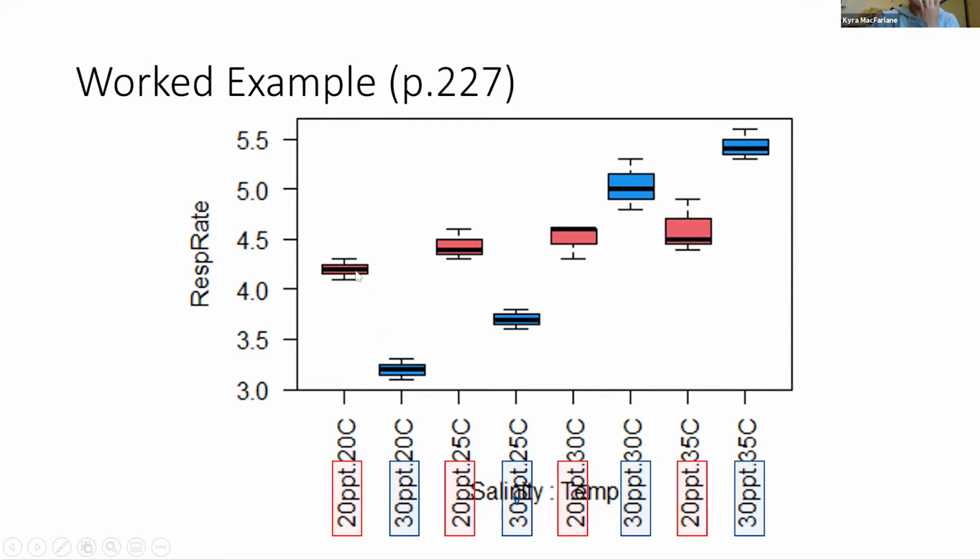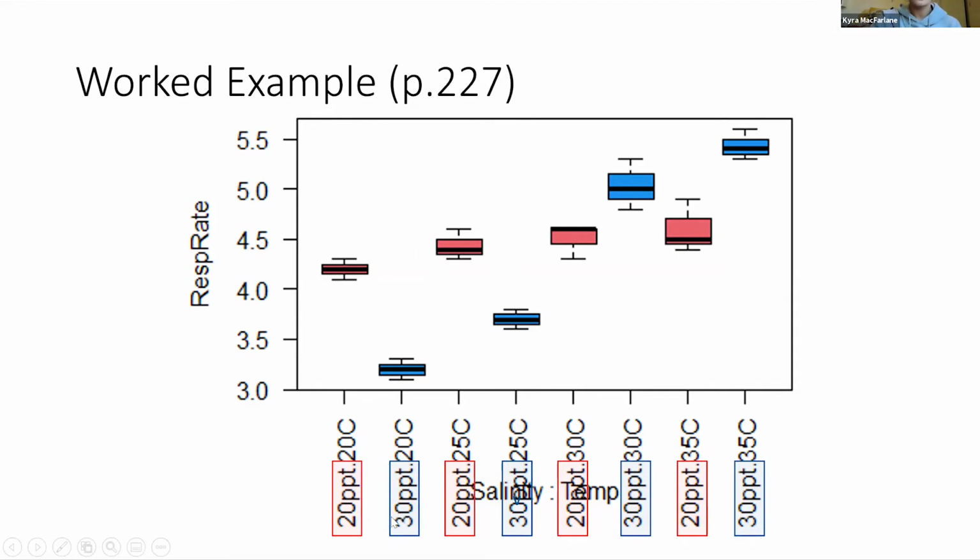So we can see pretty clearly that for 20 parts per thousand, as temperature increases, respiration rate increases a little bit, but not by a lot.